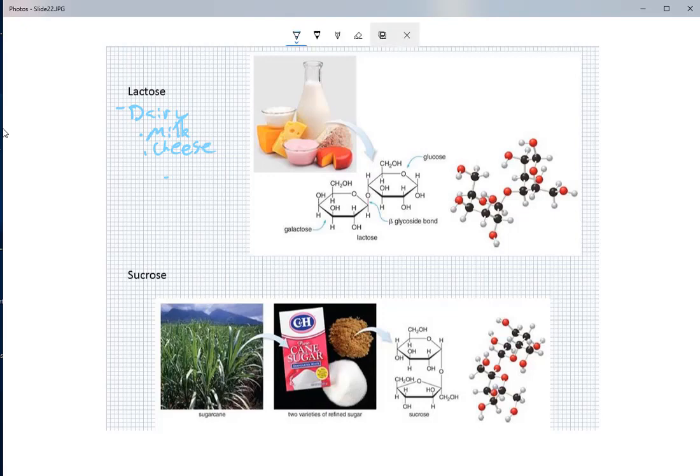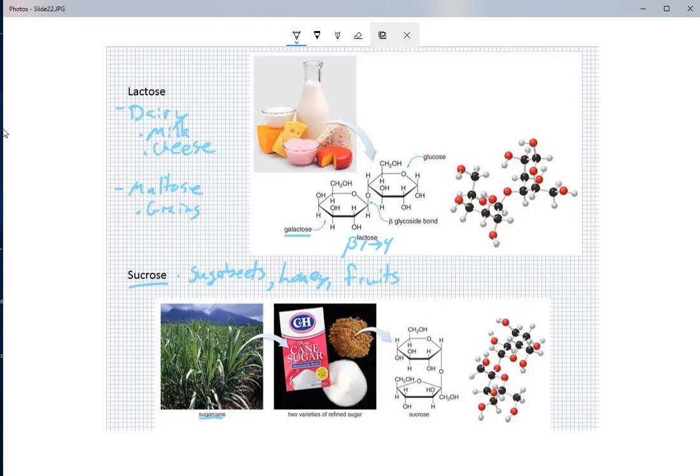Notice galactose here. This is a beta 1,4 galactose linked in a glycosidic bond to glucose. As already mentioned, maltose comes from grains, and sucrose comes from sugarcane as well as sugar beets, honey, and fruits.